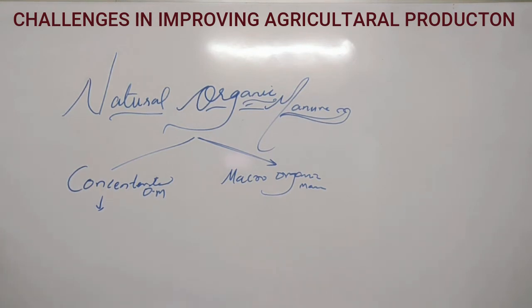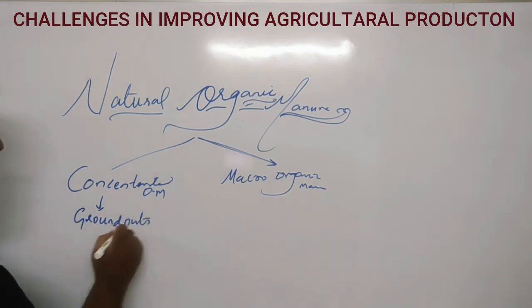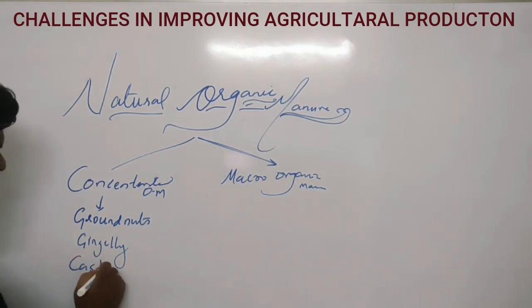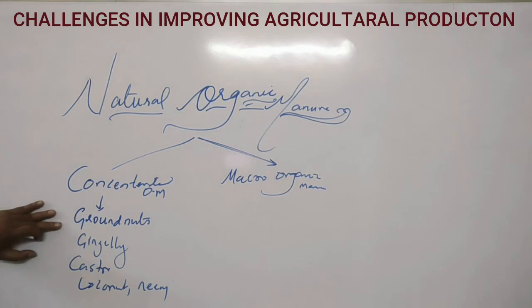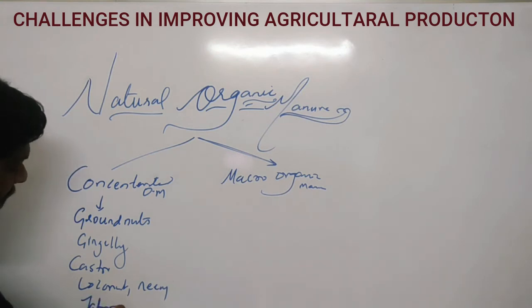Okay, so when you come to the concentrated organic manure, whatever manure comes from groundnut, gingerly, castor, coconut, neem, and also the jatropha, the biodiesel plant.